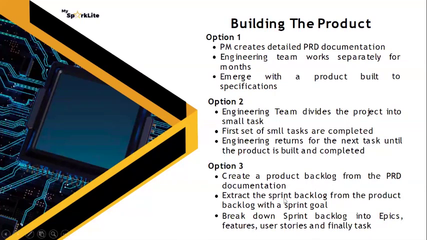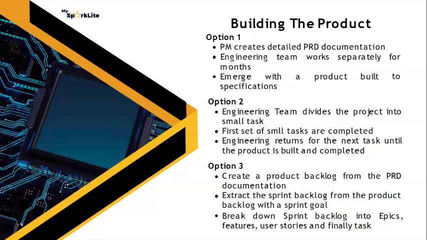That is what I was trying to explain when I said that your PRD documentation is created from your product backlog. From your product backlog, you extract your sprint backlog, and from there you also determine your goal.